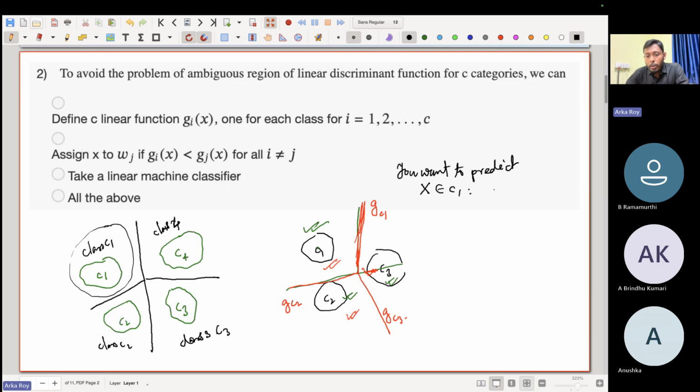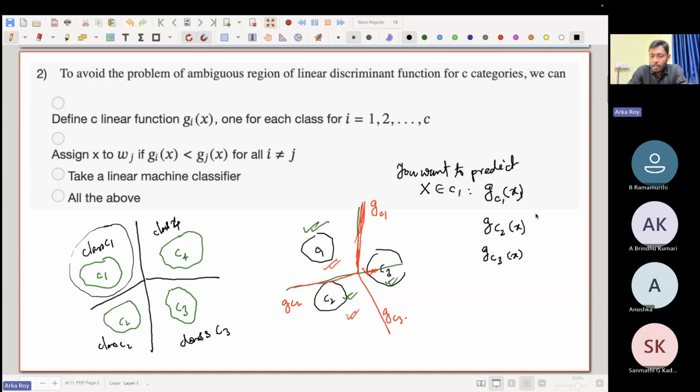So you have to calculate G C1 of X, G C2 of X, and G C3 of X. You have to evaluate these decision boundaries for each of the classes.